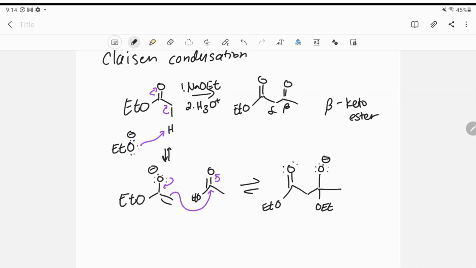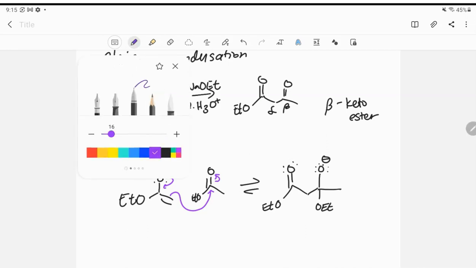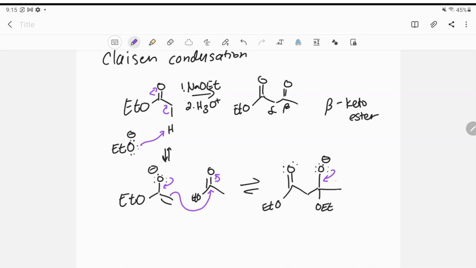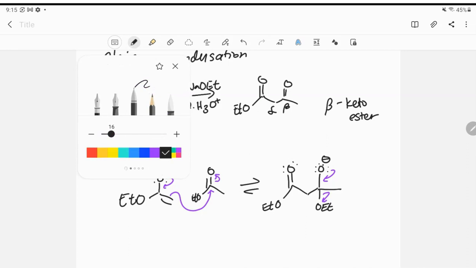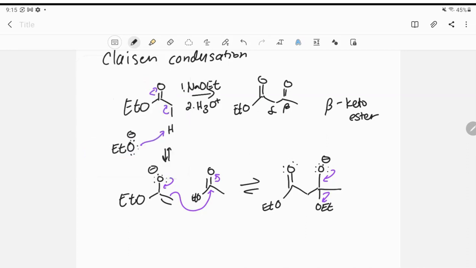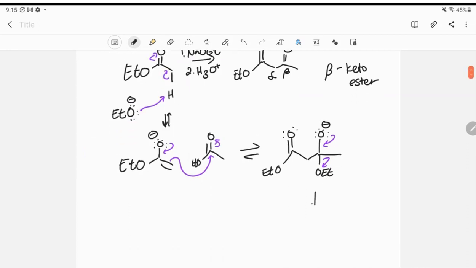So that's our new carbon there. And simply what happens is we're going to close down our carbonyl and kick out the ethoxide. Thereby doing so, we end up with the ketone now on the other side.